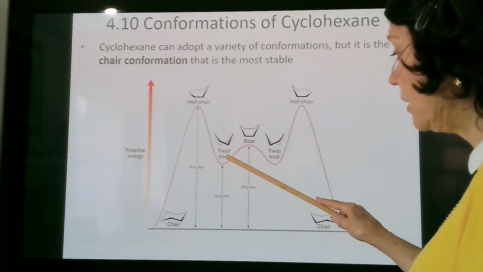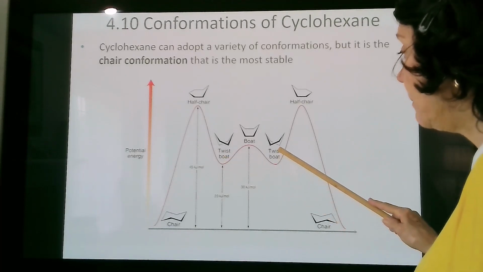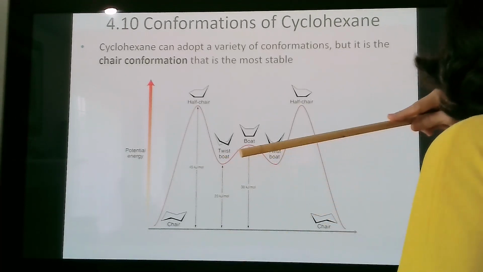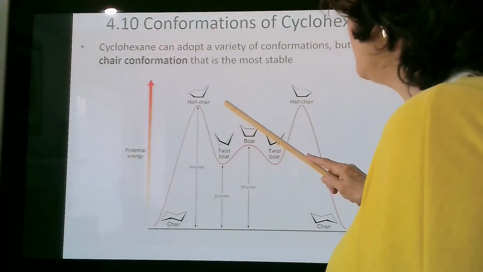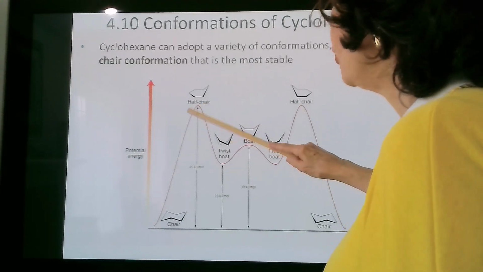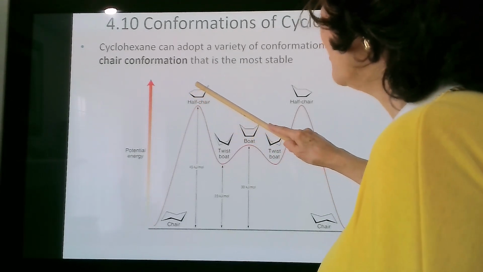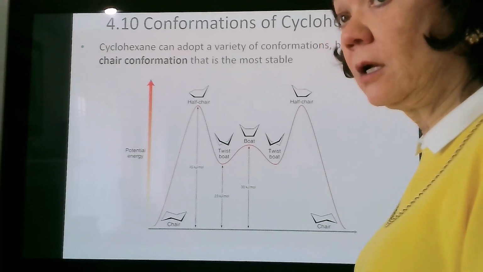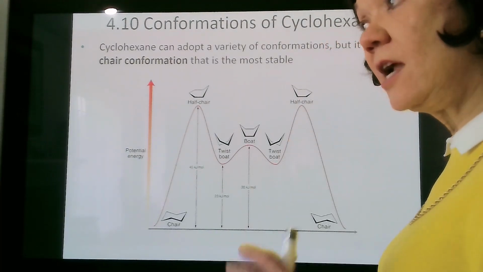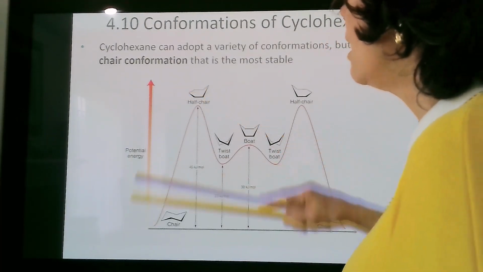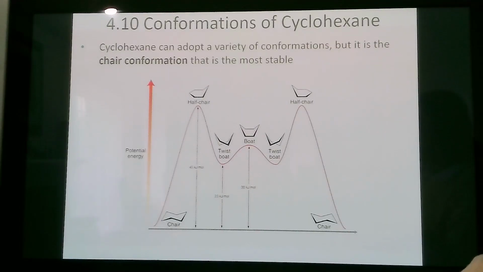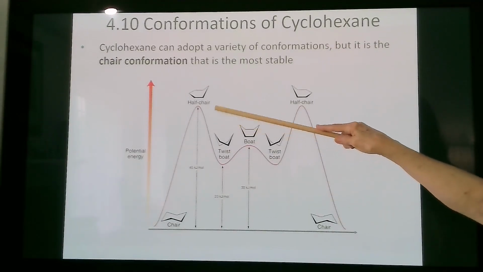This twist boat, another conformer, is the same energy as that twist boat. And so notice this is the highest energy. The reason is because here, here, and here you have eclipsing of the methylenes, the CH2s. Here, here, and here are eclipsing. And so that makes the energy quite a bit higher.